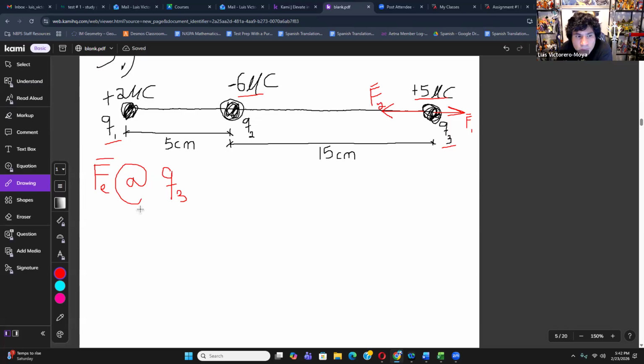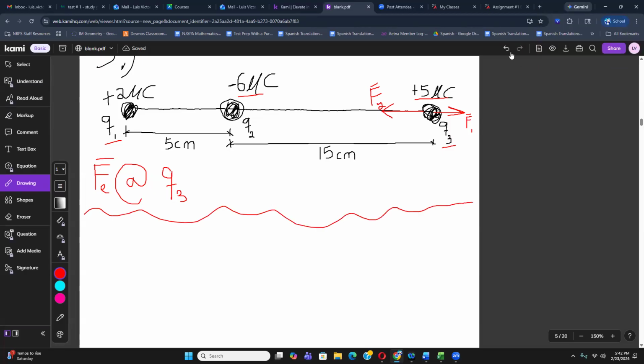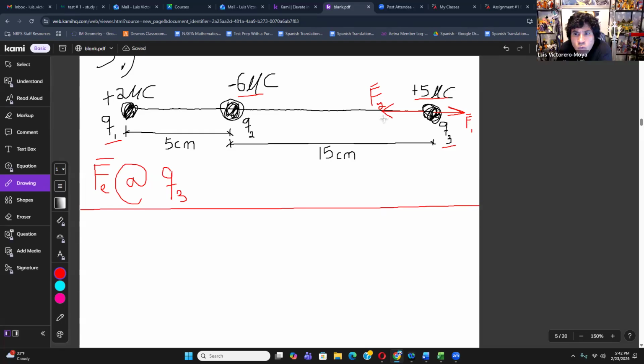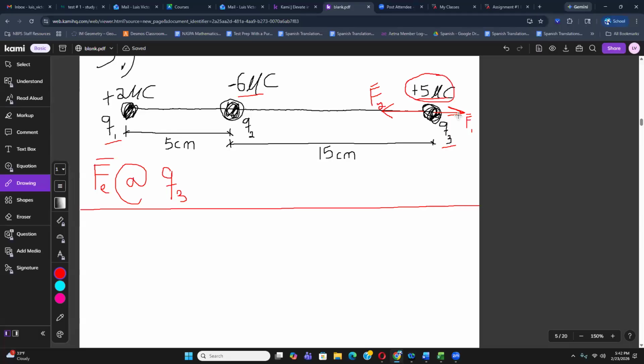Is that clear? So the question is saying that F1 and F2 are acting on this charge. F1 is due to Q1. F2 is due to Q2.